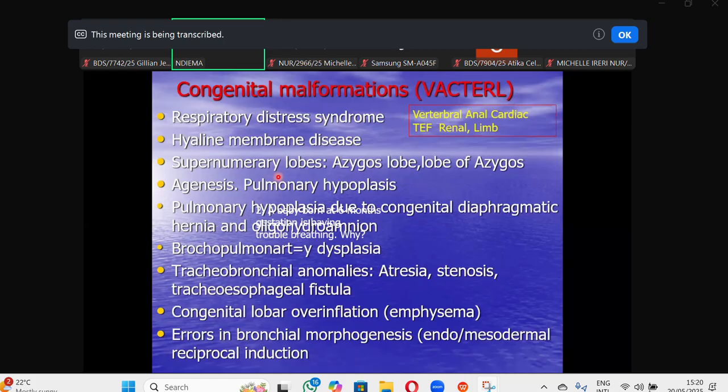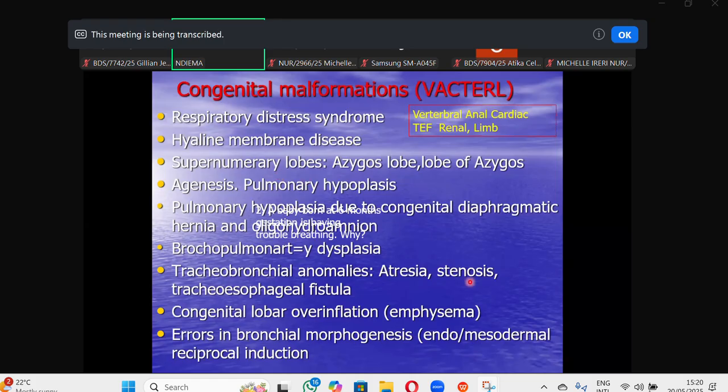There are errors in bronchial morphogenesis. Normally, we have induction between endoderm and mesoderm. The mesenchyme cells and the endoderm have reciprocal induction, meaning each of them influences the other's division, so that the mesoderm can induce the endoderm to separate, so that you can have the budding of the endoderm.